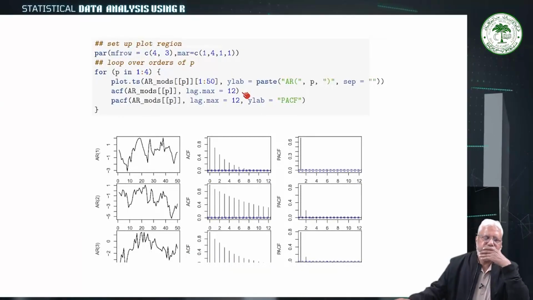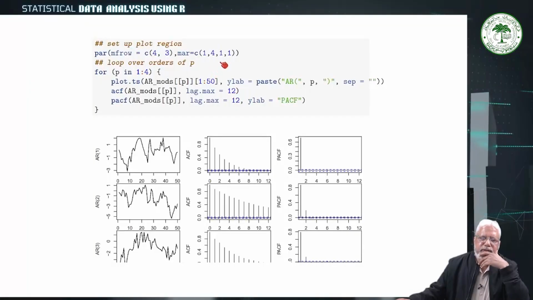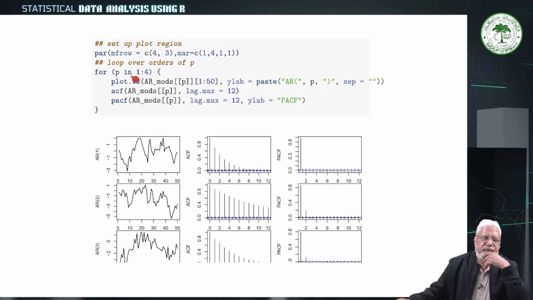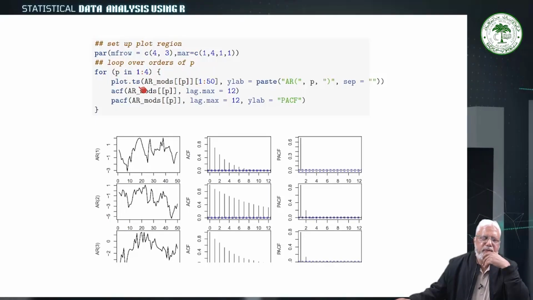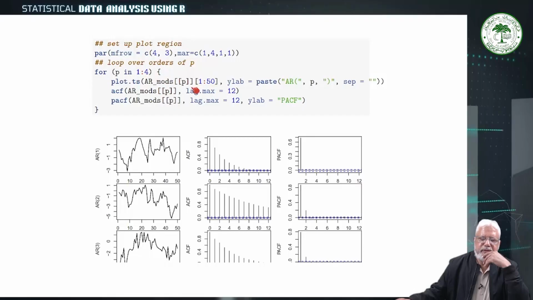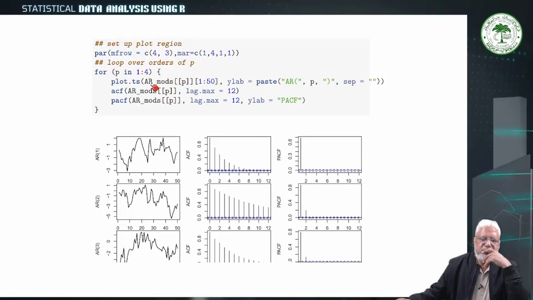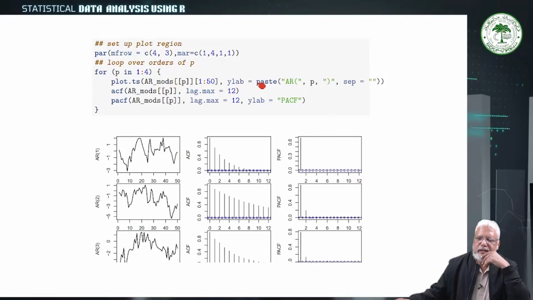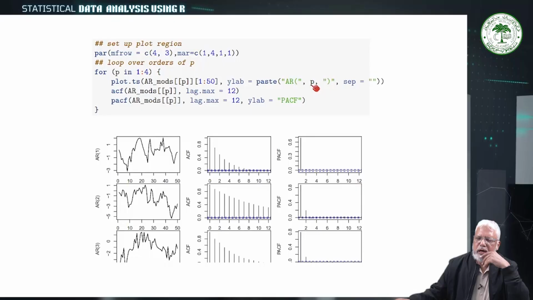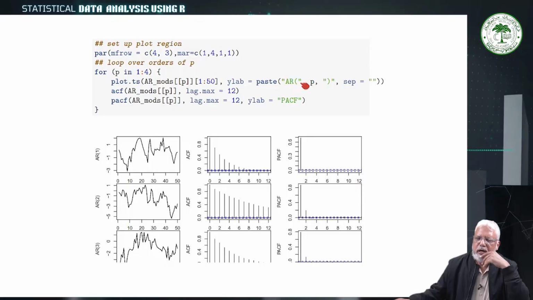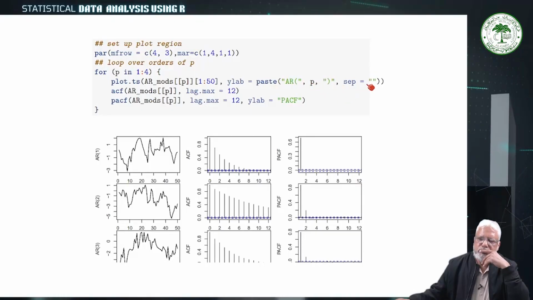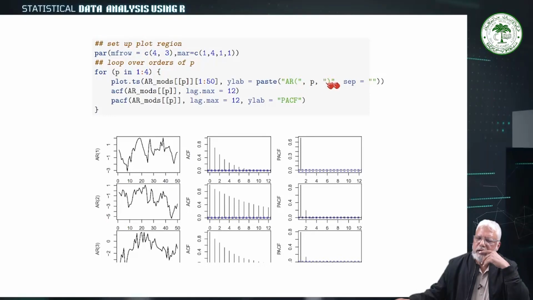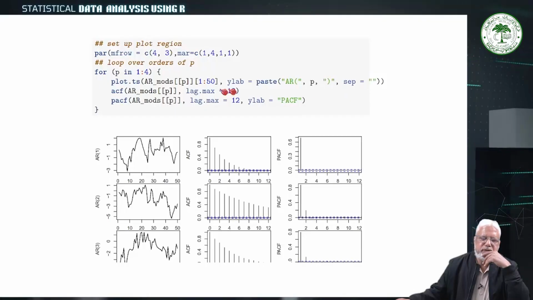And then we are selecting just 50 observations from each simulated data, the first 50 observations. So that is why AR_mod[p], and we are selecting just 50 observations. ylab is paste('AR', p, sep = ''), so there should not be any space between AR and 1, AR and 2 etc., because of sep equal to this.